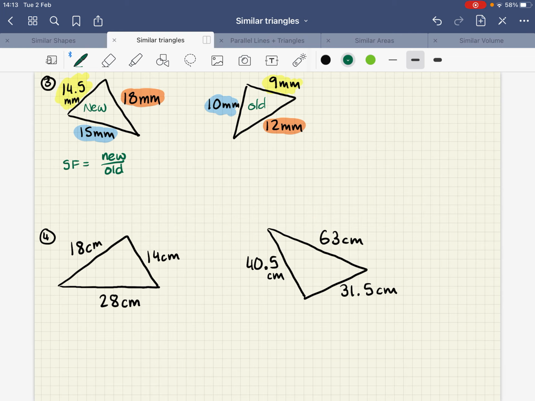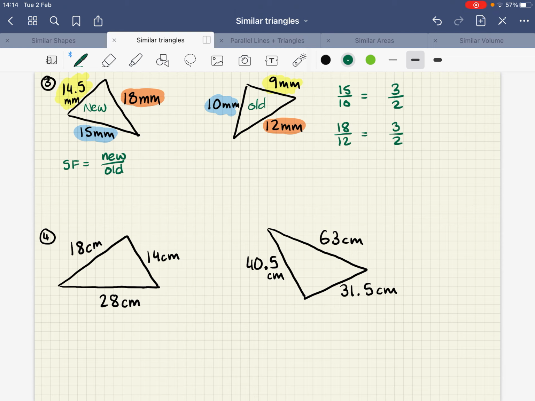So matching the pairs, 15 over 10. When that simplifies down, divide them both by 5, so that'll be 3 over 2. Then the largest one is the 18 over 12. We can divide them both by 6, that comes to 3 over 2.